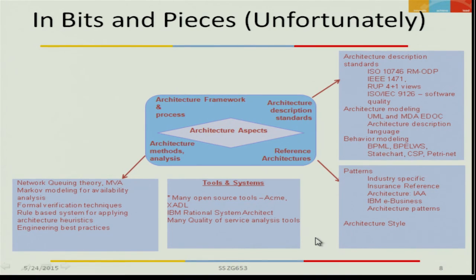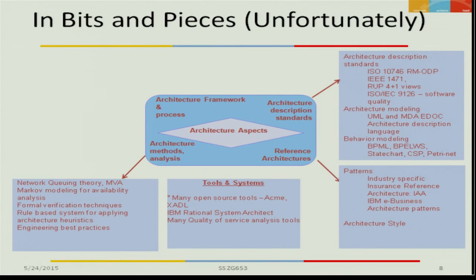So we're going to conclude this lecture, and we conclude by basically showing different parts of the software architecture in bits and pieces. By different parts, I mean that software architecture is something that has been in existence for a long time, from the early 80s, and people have been working on software architecture for a long time, both researchers as well as practitioners, and so many software systems have been built.